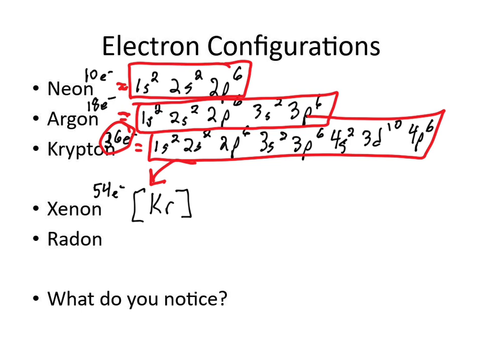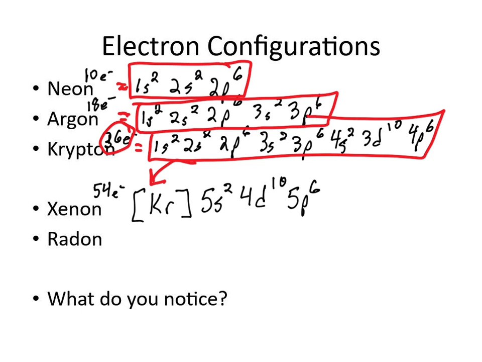So I ended with 4p6, so then I go on to what after 4p6, which is going to be 5s2, and then continue on until I get up to the 54 electrons. So 5s2 would go then to 4d10, 5p6, which would be my noble gas configuration for xenon. Okay?